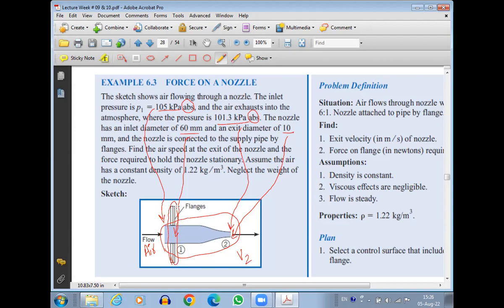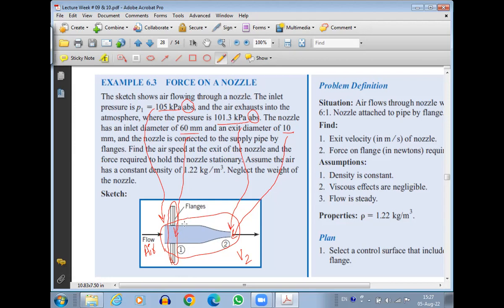When the air flows through the nozzle, it will try to push the nozzle out. In order to keep the nozzle connected with the main pipe, we connect the nozzle with the main pipe using flanges, and flanges are bolted together.